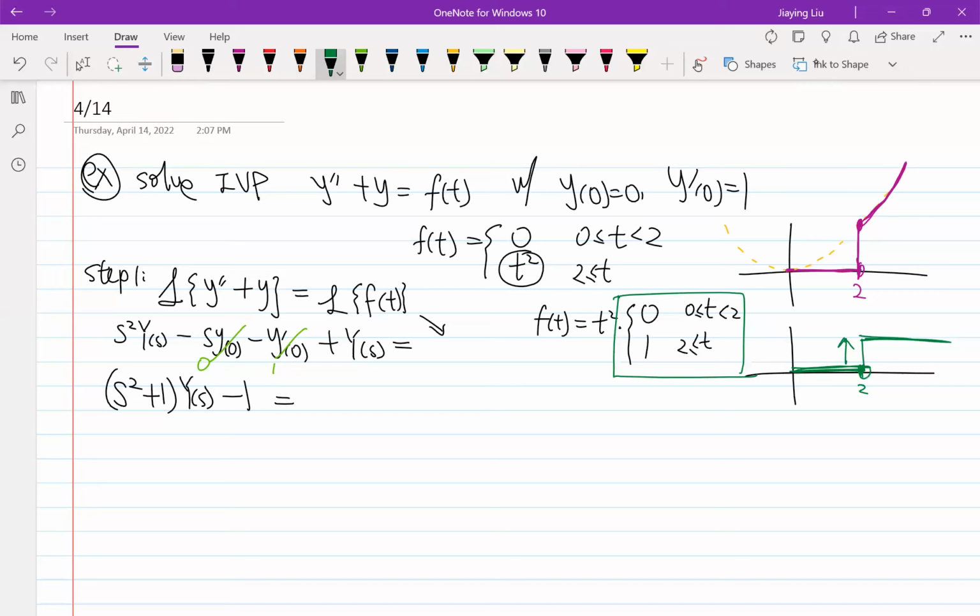So the Heaviside function for that is u(t minus 2). Just one t, there's nothing else attached to it. Therefore, f of t we can write as t squared times u(t minus 2).